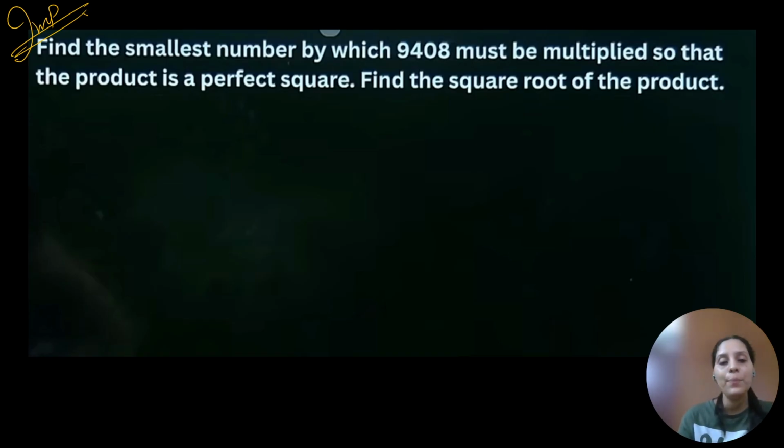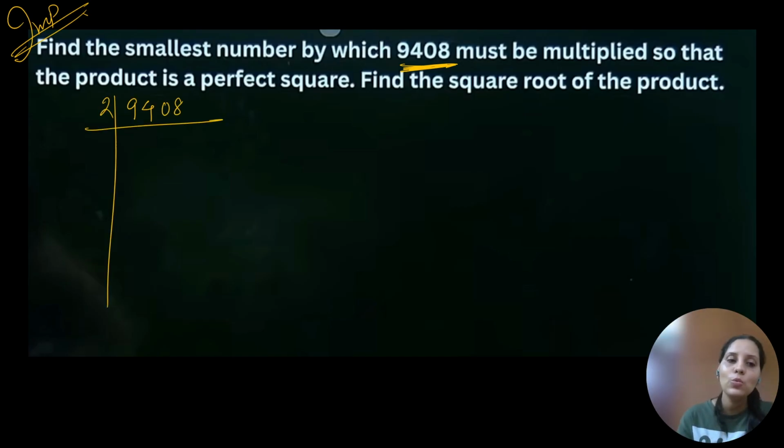Find the smallest number by which 9408 must be multiplied so that the product is a perfect square. So for now, 9408 is not a perfect square. You need to find a number which when multiplied by this becomes a perfect square. All right. So first we'll find the prime factors for it.